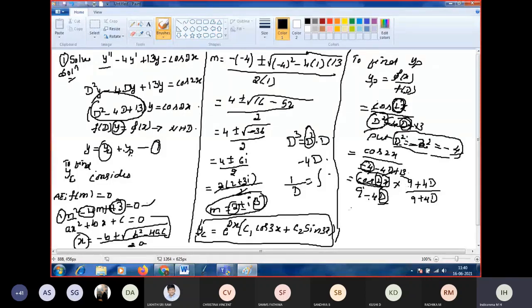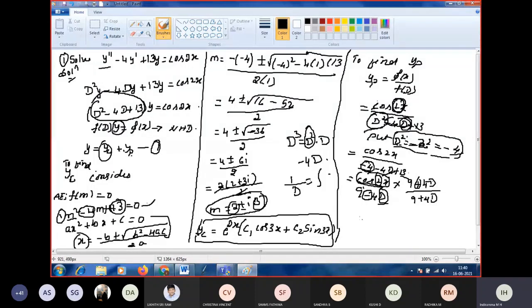This is called rationalization. We multiply and divide by the same term, but if you have a minus, you take plus. 9 plus 4d, 9 plus 4d get cancelled. Your values will not alter.